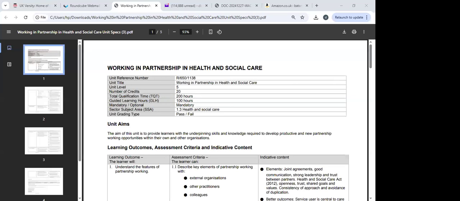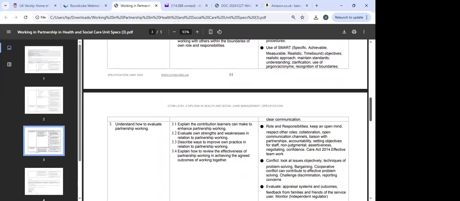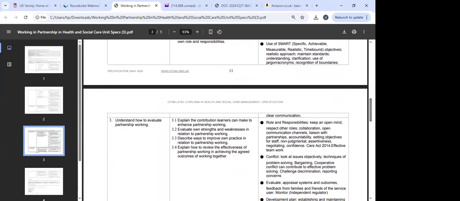We've had LO2 and LO1 last week. And today's LO3 we are going to look into how you understand to evaluate partnership.